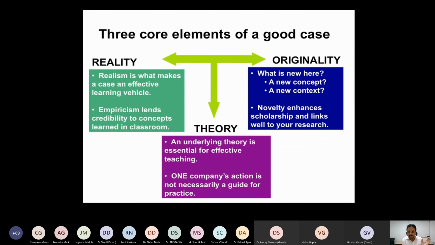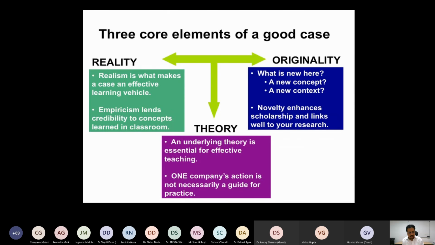I mean, our supply chain has to be screwed up, there's no doubt about it. So you have to come up with a solution which is contextual to this country. You cannot replicate the solution you saw over there in Walmart and apply it in toto. I mean, one size doesn't fit all is the meaning of originality when you are coming up with the solution of the case or discussion of the case.